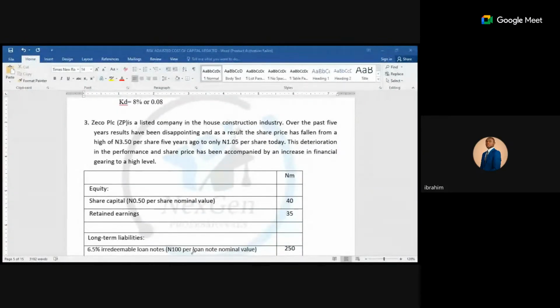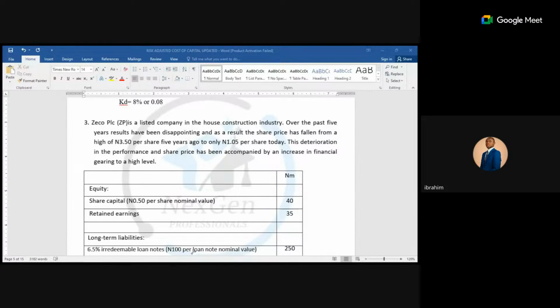Meaning that you have profit before interest and tax. You remove the finance cost, you have profit before tax, right? You can see that you've already made a provision for finance cost. Then when you remove your tax, the net income is what the investors will share.